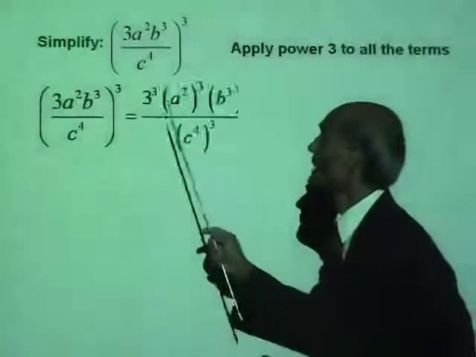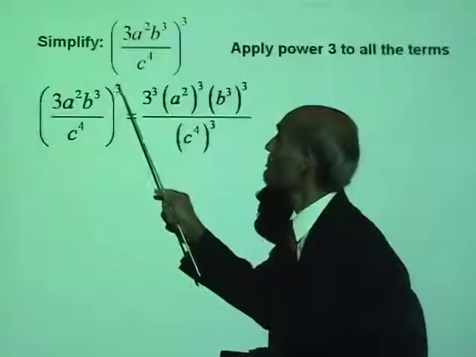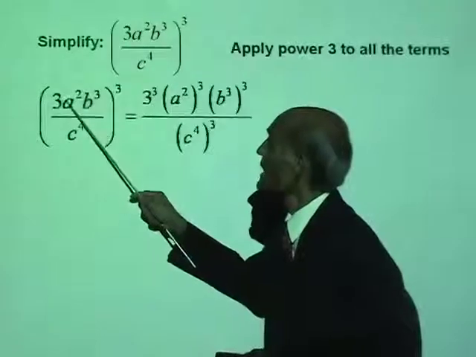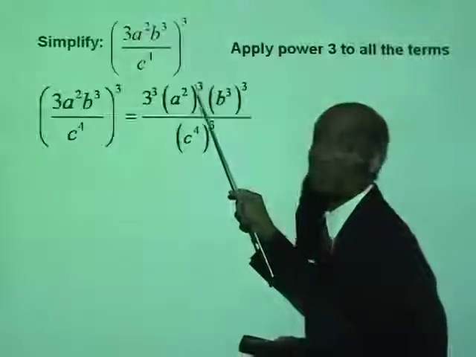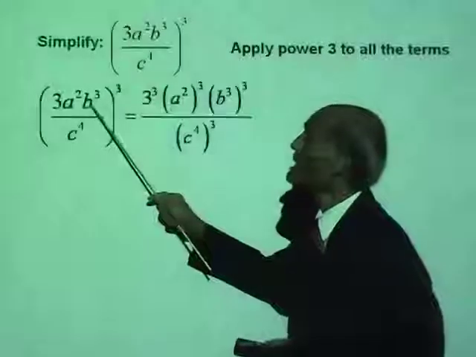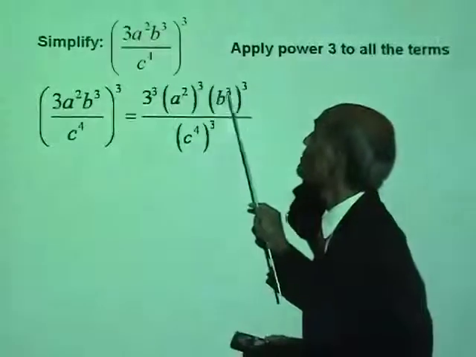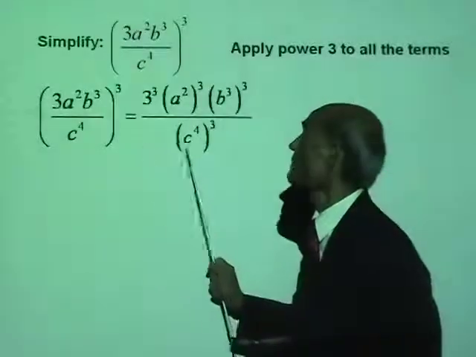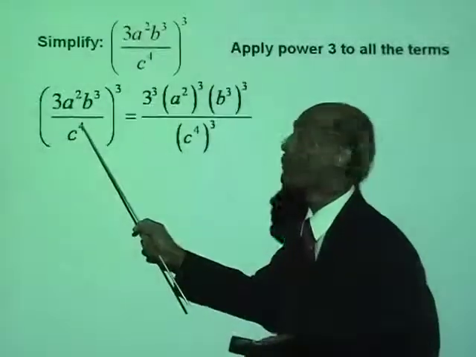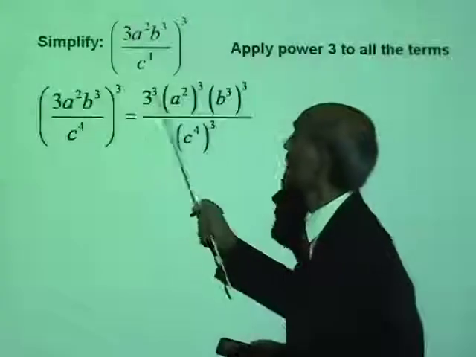Now, that is 3 raised to the power of 3 times a raised to the power of 2 all raised to the power of 3, b cubed raised to the power of 3. They are all on the numerator. Divided by c to the power of 4 raised to the power of 3.